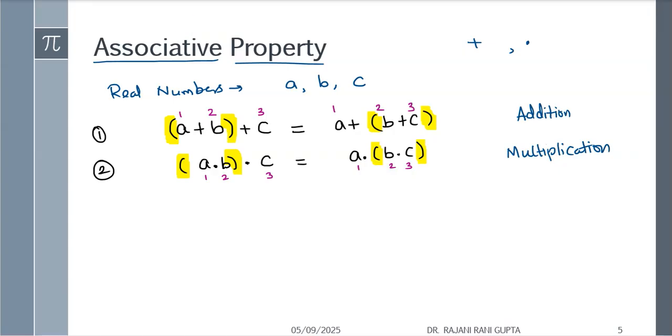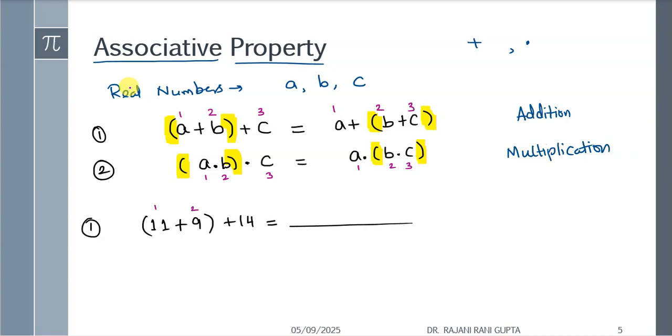So how does the question come? Sometimes they ask you to use the associative property to complete the expression. Like if I give you 11 plus 9, in a bracket, plus 14, and ask you to use the associative property to complete this, you don't have to add all of this. Don't add 11 plus 9 plus 14 and write the result. Since you have to use the associative property, what is the position of 11?